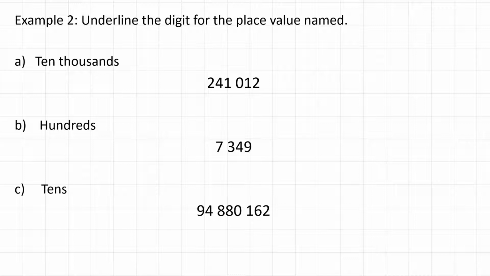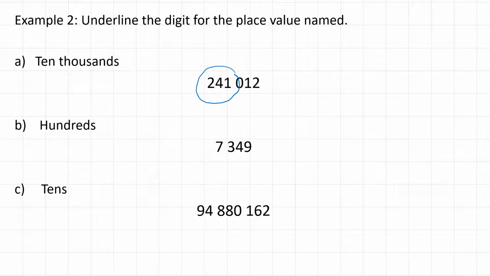Now, we can do this one of two ways. We can go through it and figure out which each place value is, starting from the right, the ones, the tens, the hundreds, and so forth. Or we can look at the groups. We know the thousands group is the second group. So I'm just going to underline that. Actually, let's put a circle around it.